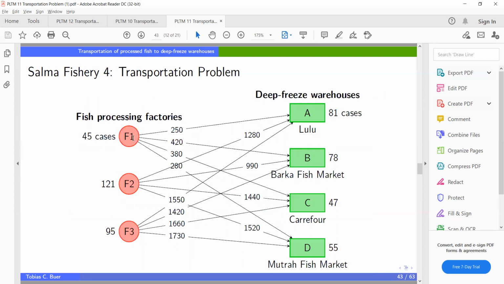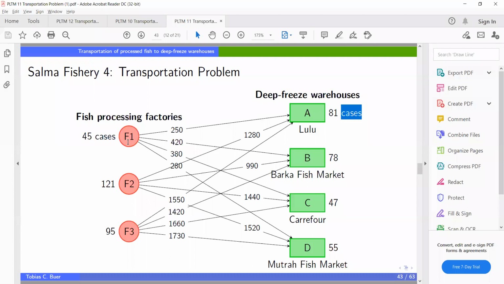And on the other hand, we have 4 demand nodes, markets, final customers that have a demand for fish. The fish supply and demand is measured in cases. So in factory number 1, F1, we have 45 cases. In F2, we have 121 cases and 95 cases in F3.